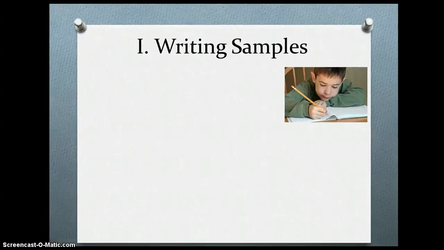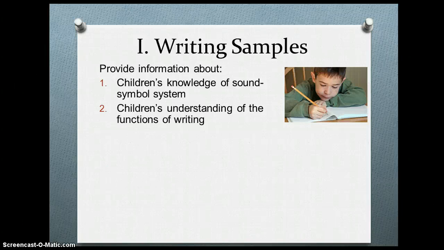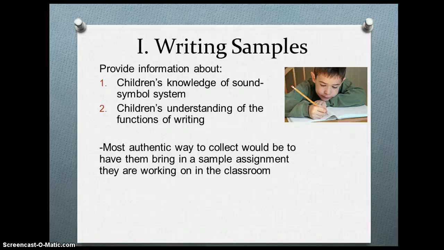So, how to observe students' writing? Well, the first way would be to look at writing samples, which provide information about their knowledge of the sound symbol system and their understanding of the functions of writing. The most authentic way to collect a writing sample would be to have them bring in a sample assignment they are working on in the classroom.